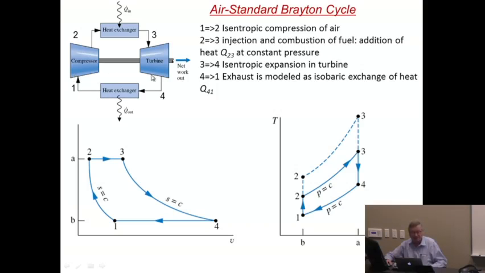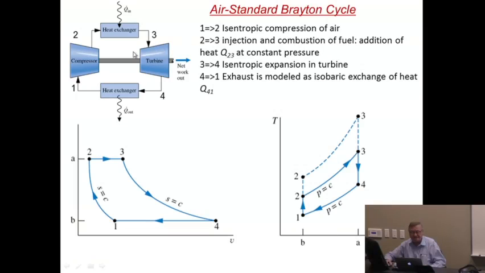This is another way to close it. So you can either leave this turbine open here and take new air out there, or recycle this air through this heat exchanger. I'm going to assume that these are the two same processes.